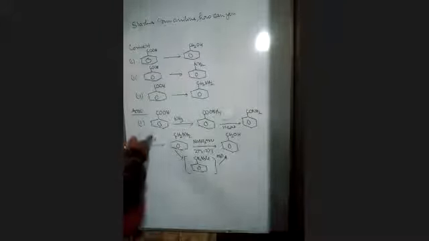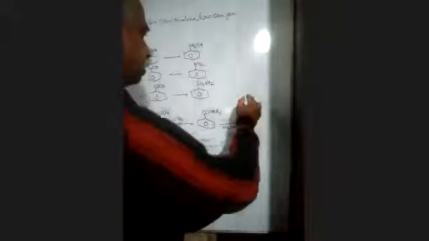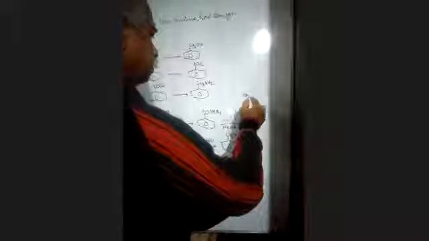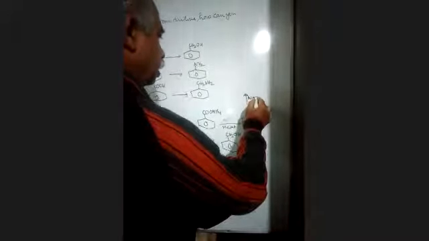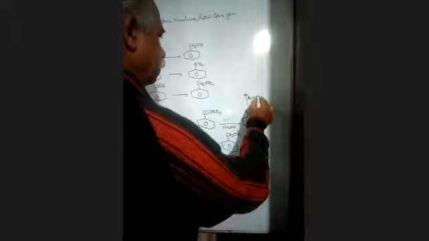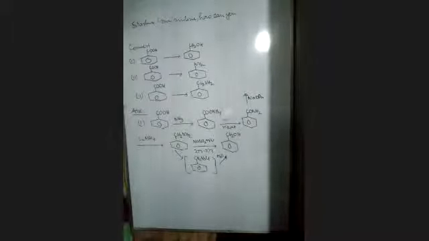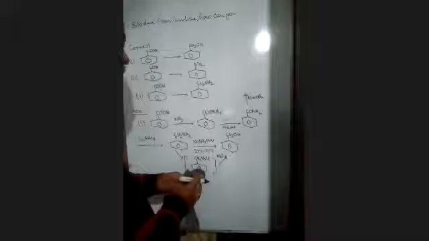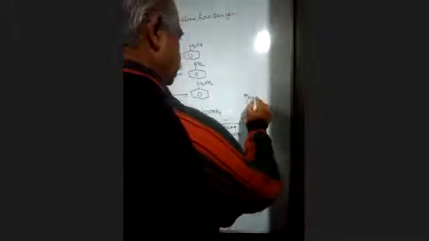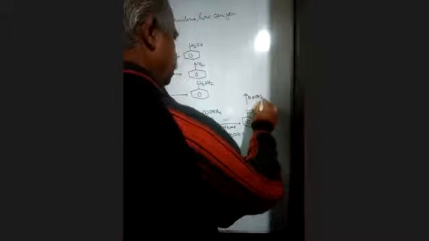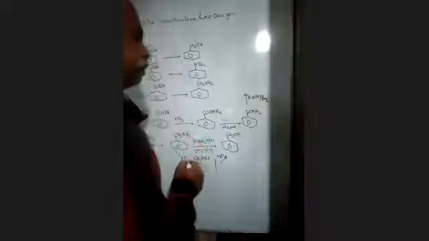Okay. For second, what will we do now? We know that if you go for NaOBr, sodium hydroxide and bromine, then what will happen now?